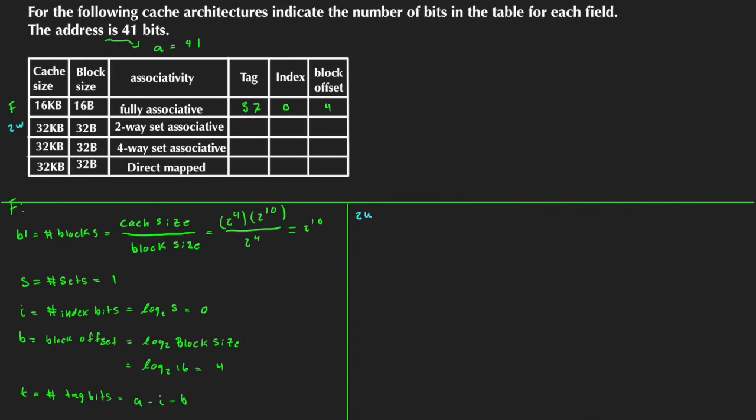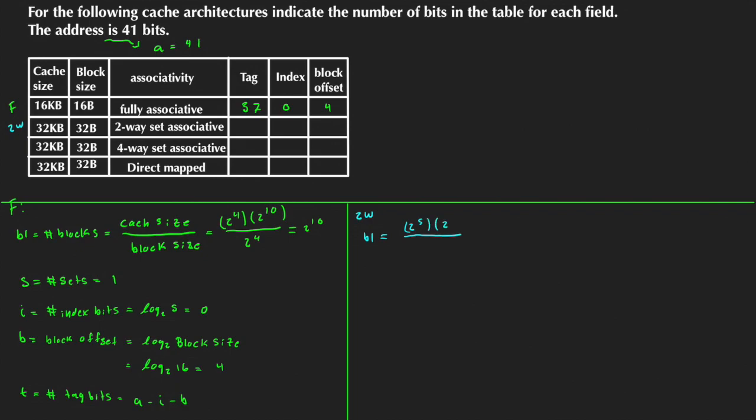Okay, let's move to our two-way associative. Just going to label that TW. So here our block is 32 bytes and our cache size is 32 kilobytes. BL is cache size over block size, so cache size of 32 kilobytes.